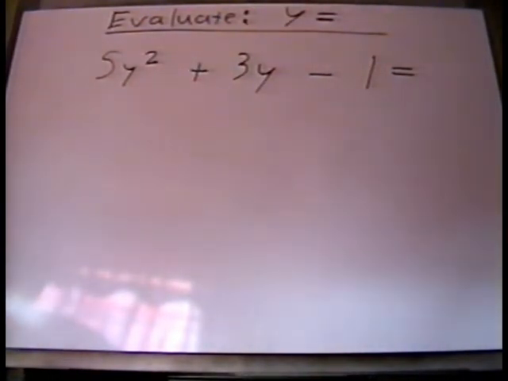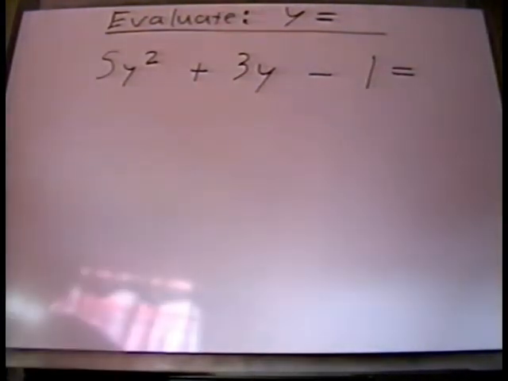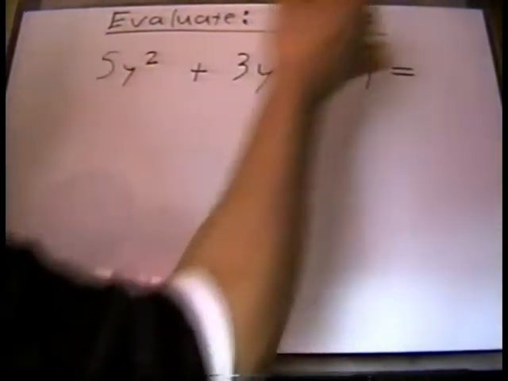Alright, now we're going to evaluate this expression here. You have 5y squared plus 3y minus 1, and that's the expression we're evaluating. Evaluate this expression when y equals 3.